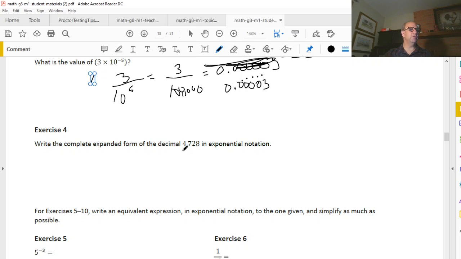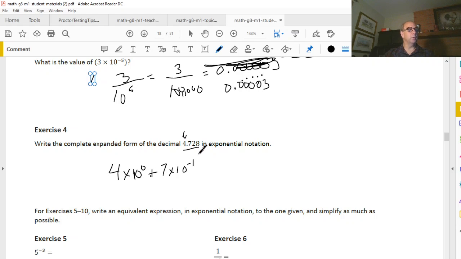So let's put this into exponential notation. So you remember from yesterday, the ones place is times 10 to the 0, because 10 to the 0 is just 1, and that'll put us in the ones place. Plus 7 times 10 to the negative 1 place.